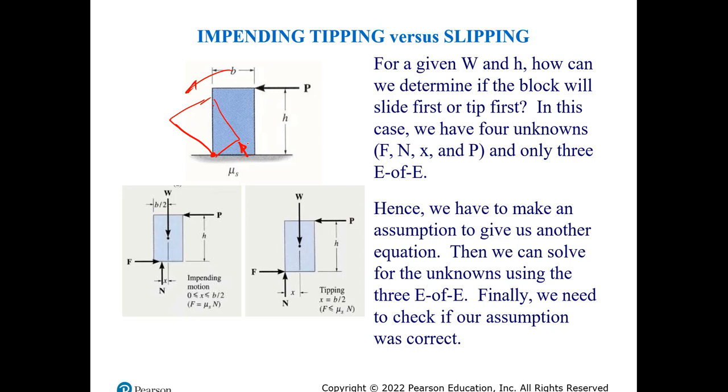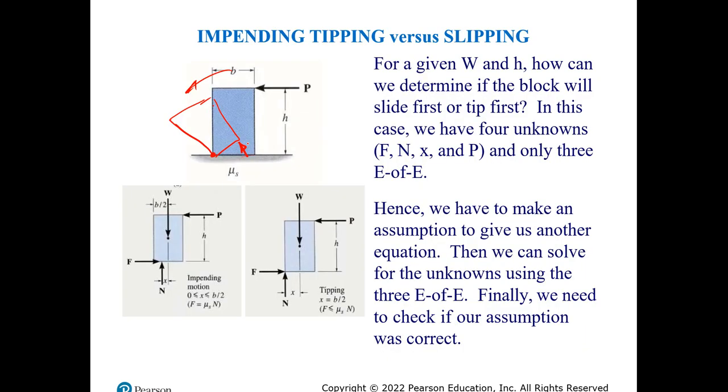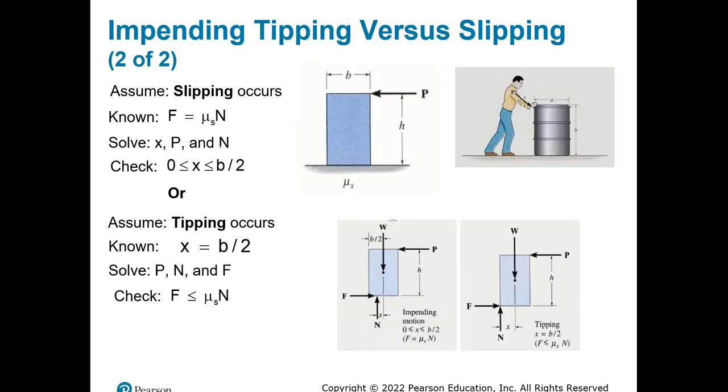So therefore, we need to make assumptions to give another equation, and once we solve the equations, we need to check if our assumption was correct. How so, you might ask, Professor, how do I do that? There is a right path to follow these assumptions, and then we can basically confirm these assumptions as I'm about to show you.